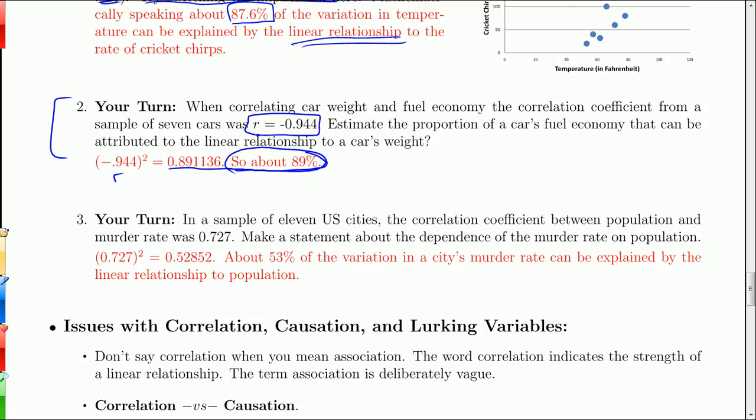What makes a car fuel efficient? It's weight. What's the biggest player in how efficient a car is? It's weight. How much of a role does that play? About 89%. So it does give us something to grab onto. Though it's a strict mathematical statement, it certainly helps quantify the magnitude of a relationship.